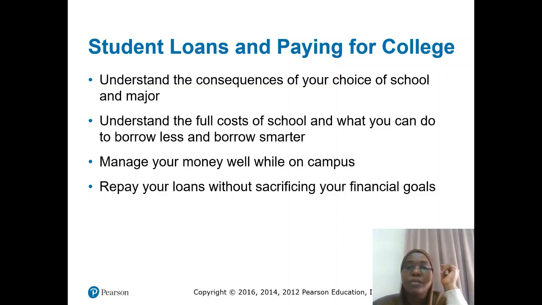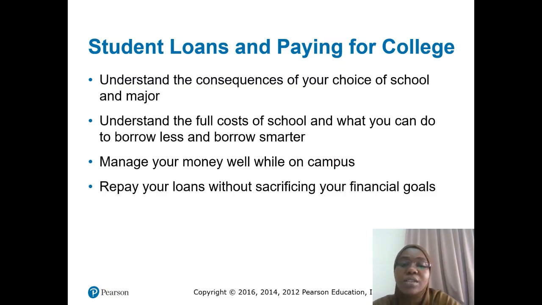Student loan and paying for college. If you're applying for a student loan, how do you go about it and how do you go about payment? You have to understand the consequences of your choice of school and major, because some schools or institutions are more expensive than others. So if you really want to use a student loan to acquire your certificate, whether degree or higher degrees, you need to consider the consequences of your choices of school because of the costs.